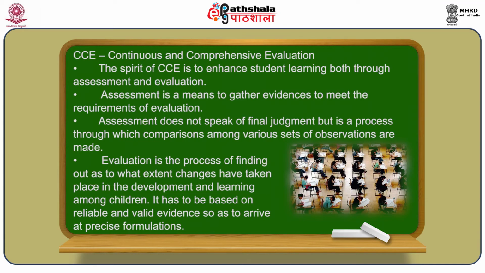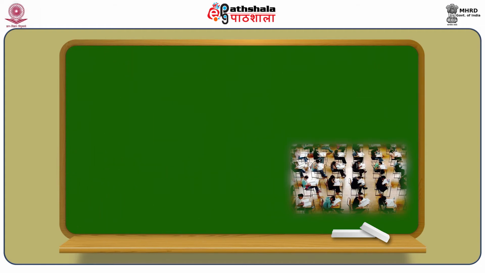So assessment is continuously gathering information about the child's level, which then add up to show and give us some kind of a final judgment about the child, and that is called evaluation. And evaluation is the process of finding out as to what extent changes have taken place in the development and learning among children. It has to be based on reliable and valid evidence, otherwise you cannot say that my evaluation is valid.